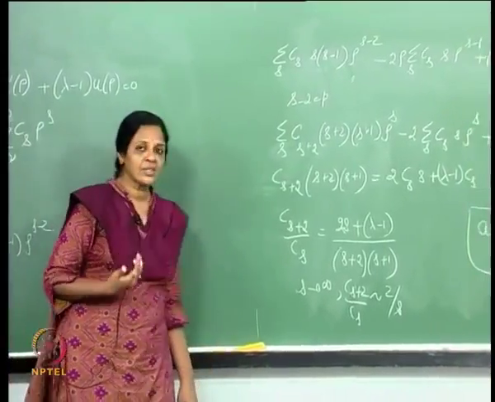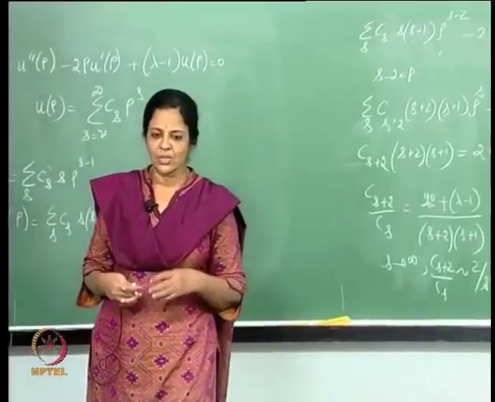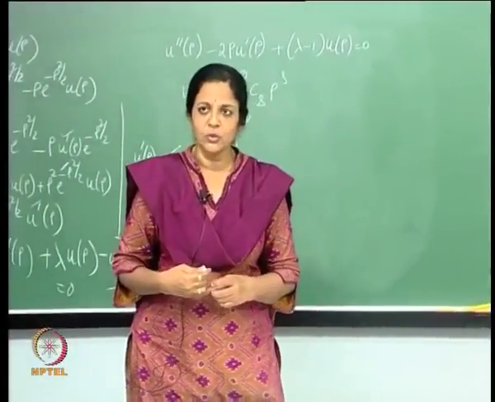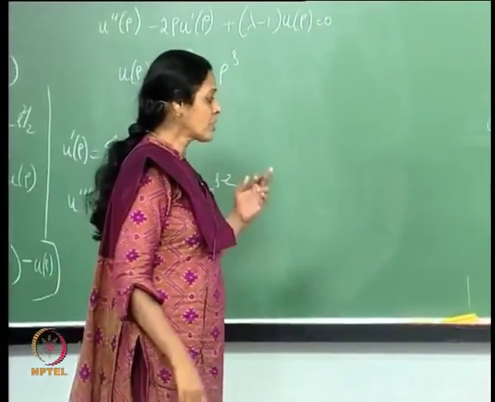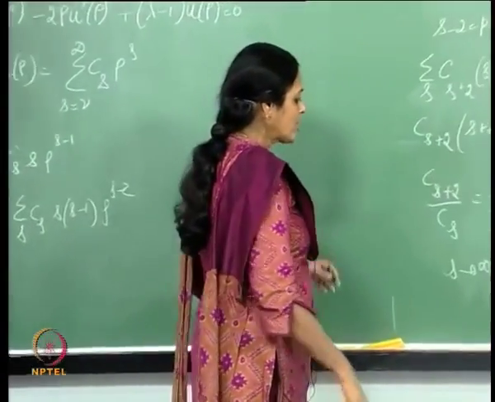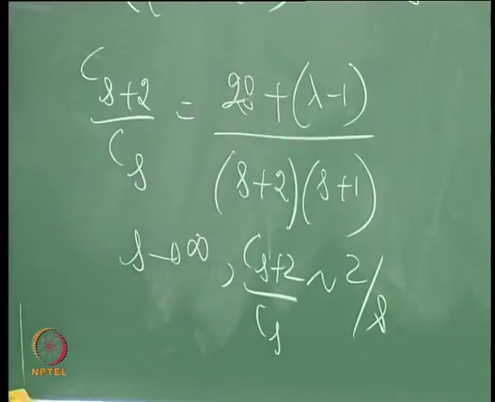But I know of another series. I am now trying to find the solution for u of rho as a function of rho. I know of a series which for large s has this asymptotic behavior, and that is unfortunately the series solution for e to the rho squared.